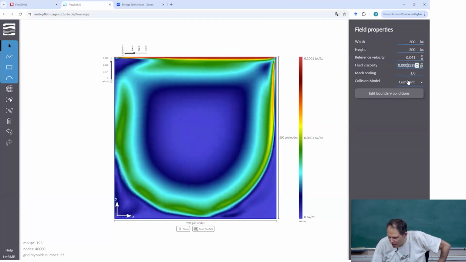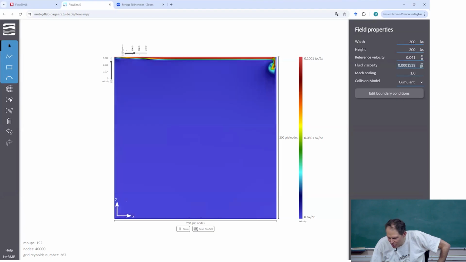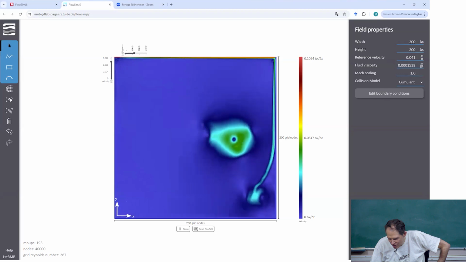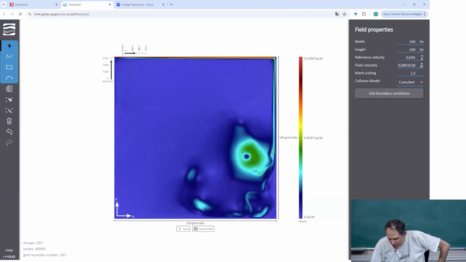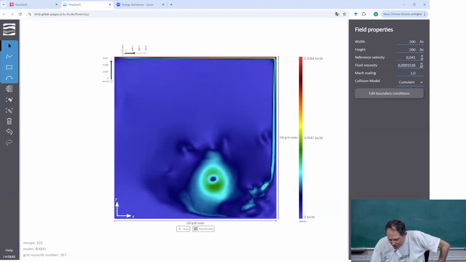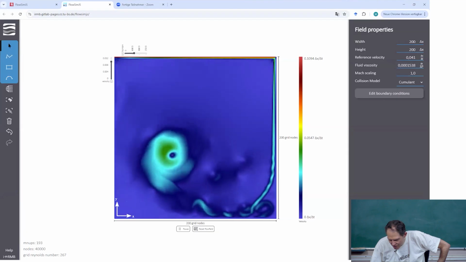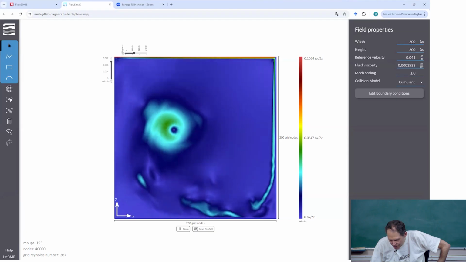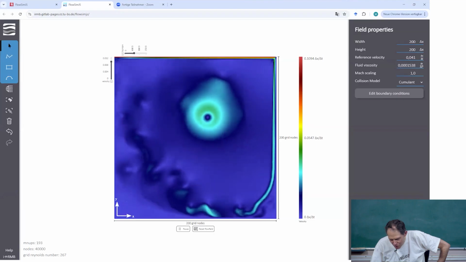And, I don't know, make it 1 order of magnitude lower, which means more turbulence. And it will still run.